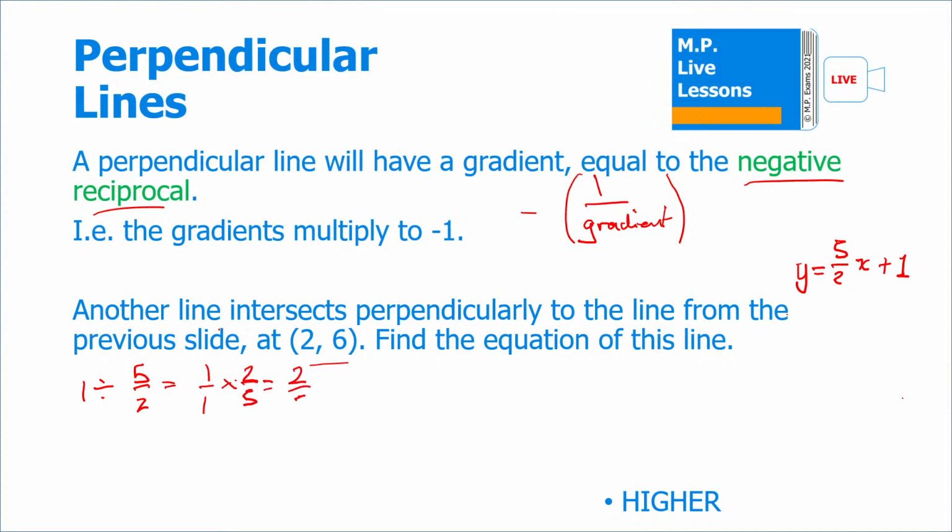So we get 2 over 5. So that's just basically flipped. So our actual gradient of the line is going to be negative 2 over 5, because remember it's the negative reciprocal. So again, we'll have our template, y equals negative 2 over 5 x plus c. We'll substitute this point in.